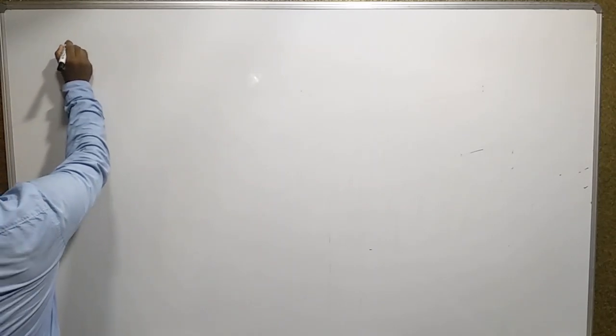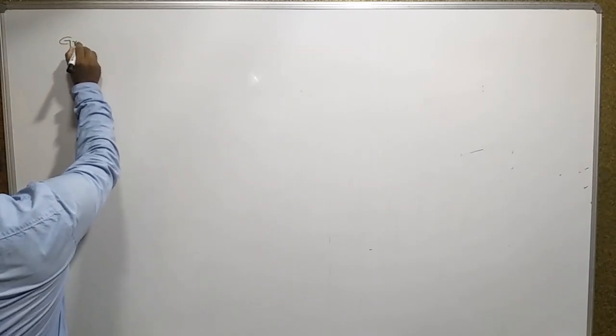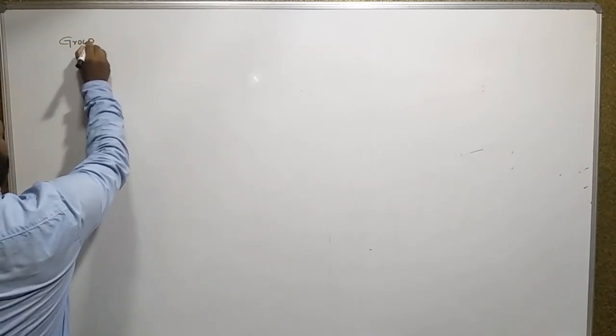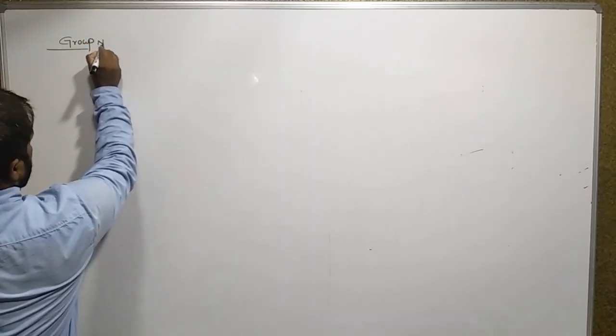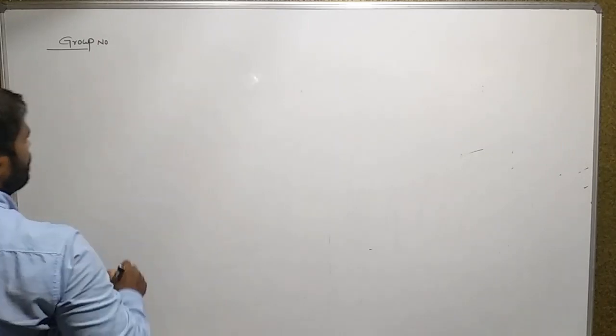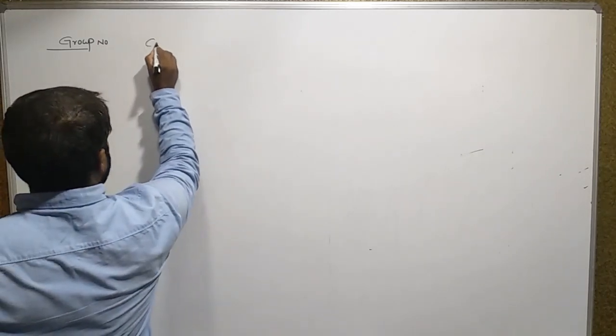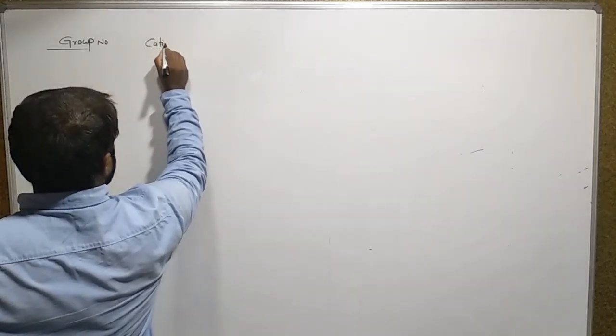So this is group number, and cations regarding a particular group.